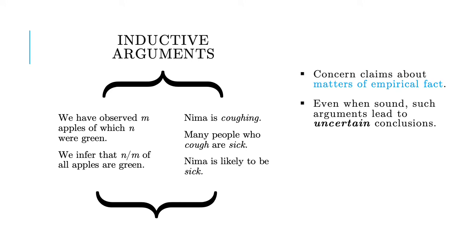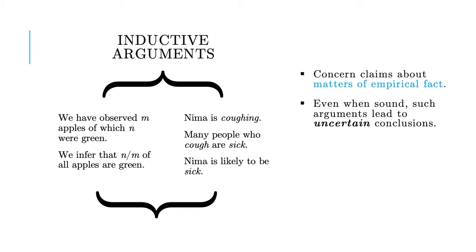Now, let's pause and think about how that is not like the previous cases, right? First, let's observe that even when these arguments are done well, right, when they are sound, their premises are true, and the pattern of reasoning deployed in them is a reasonably good pattern, they lead to uncertain conclusions, right?